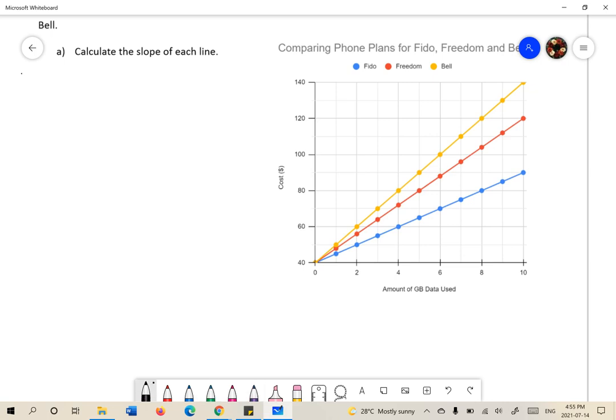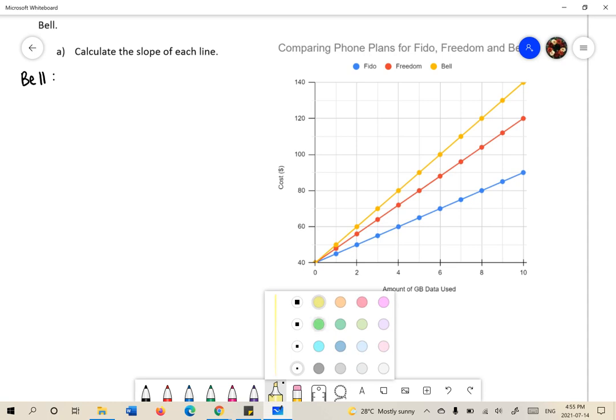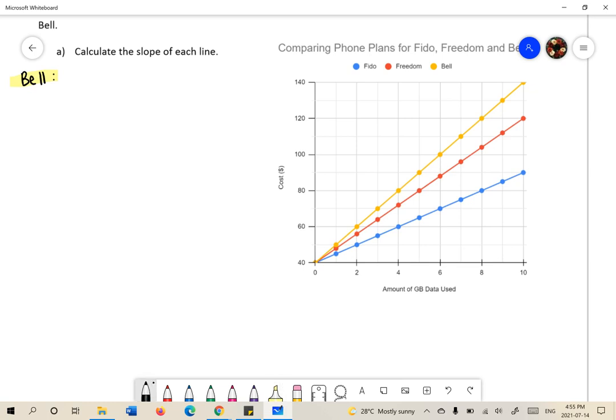Let's begin with Bell. I'm going to pick 2 points on the line segment.